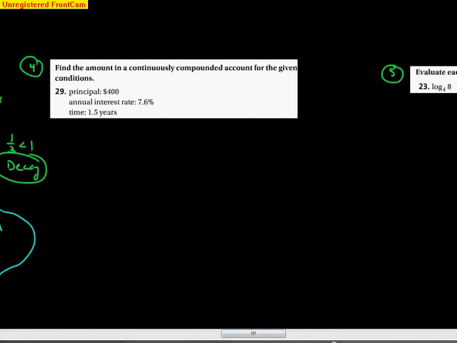Number 4 here. Alright. What's it say to do? Find the amount in a continuously compounded account for the following conditions: principal, interest rate, time. When you see that word continuously, you should identify this equation: A equals P e to the rt. Okay?